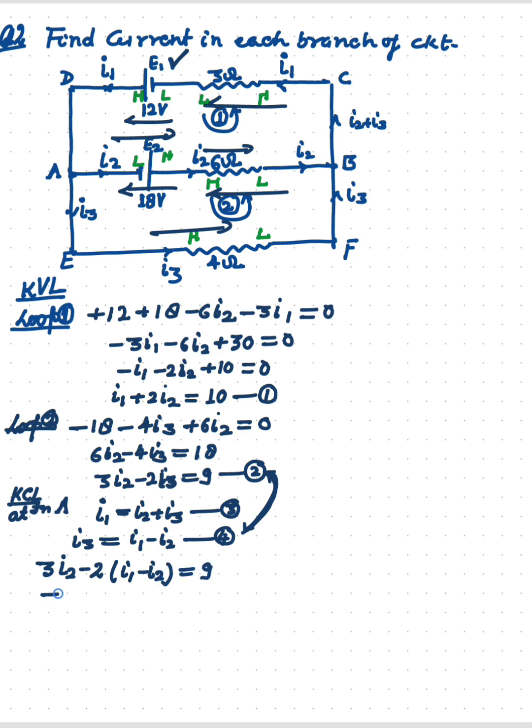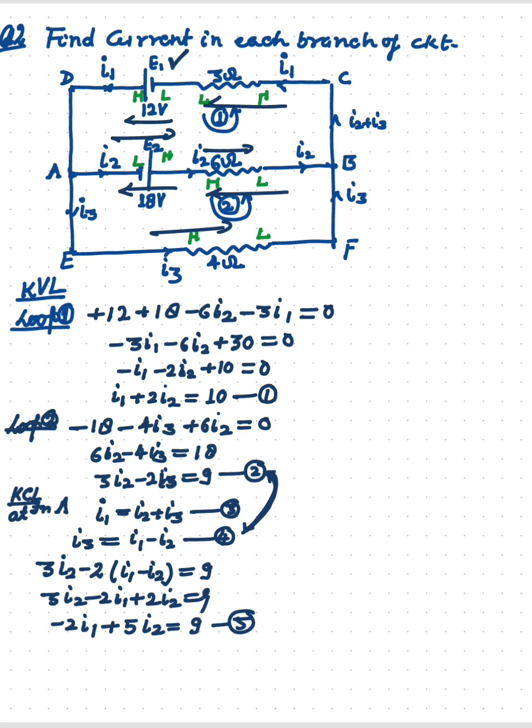So we are getting 3I2 minus 2I1 plus 2I2 equals 9. So this will be minus 2I1 plus 5I2 equals 9. Correct? This is equation number 5.